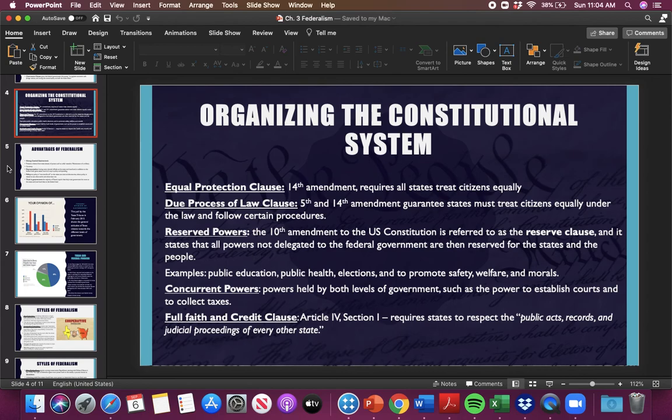If you get a judicial decision against you, like let's say Texas orders you to pay child support, and you move to Montana, Montana is obligated to enforce that judicial decision. So this takes care of those problems that we had prior to the Constitution. So know for sure the Equal Protection Clause. That is probably one of the most important aspects of knowing about the Constitution.